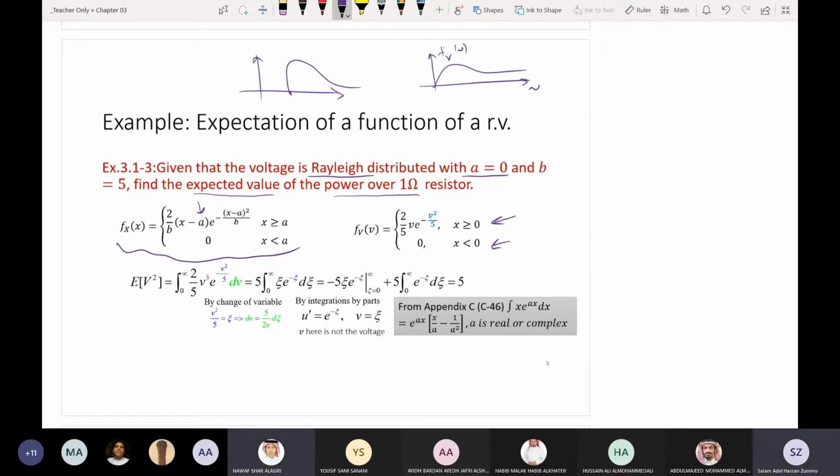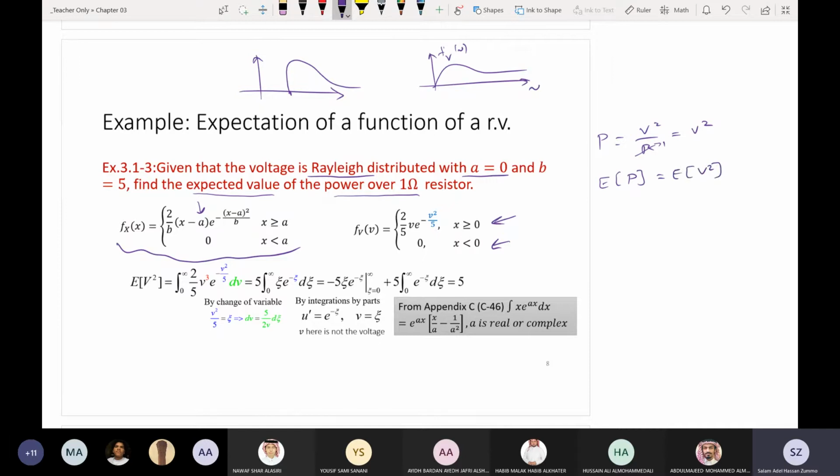V squared over R. So the power here is V squared over R, and we have R equal 1, so it's V squared. So we are interested in the expected value of P, which is equal to the expected value of V squared.